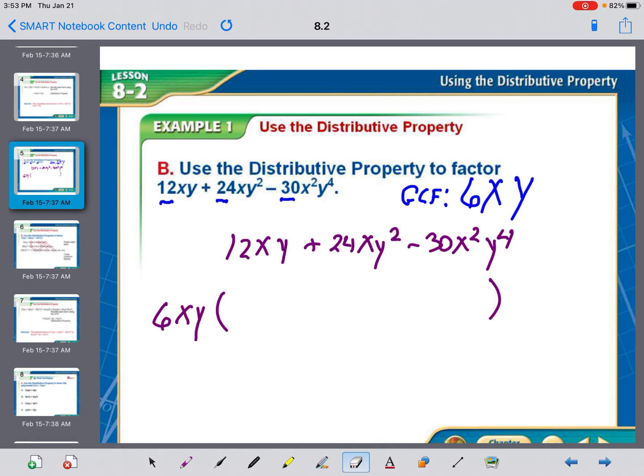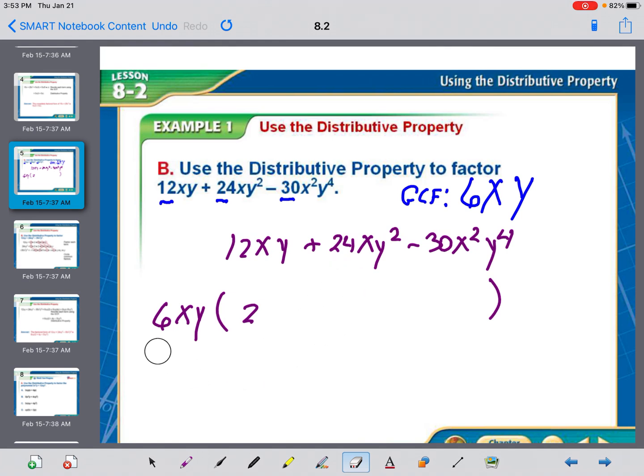I want to take the 6xy out of all three of these terms. So let's start with this one. I've got the 12xy divided by the 6xy. Numerically, 12 divided by 6 is 2. Algebraically, xy divided by xy cancels. So the answer is 2.